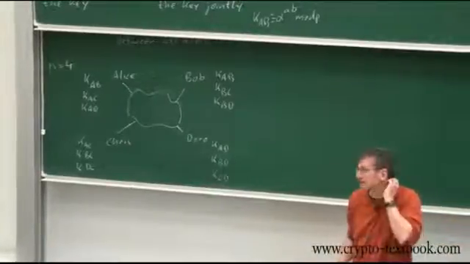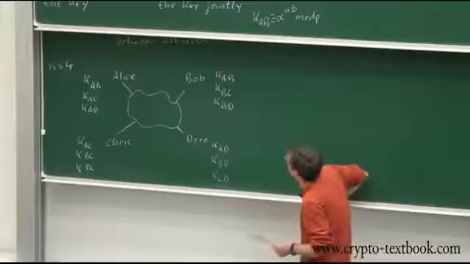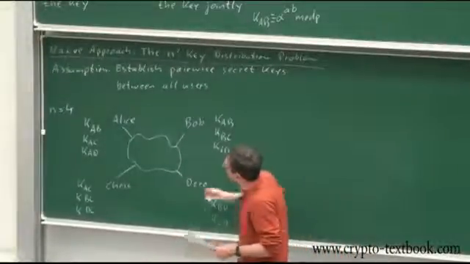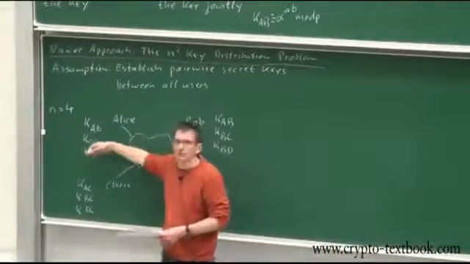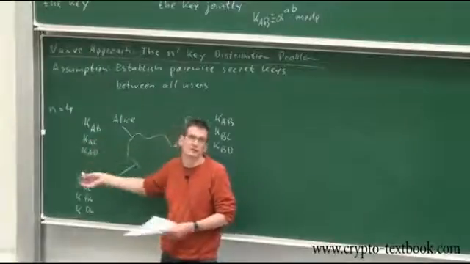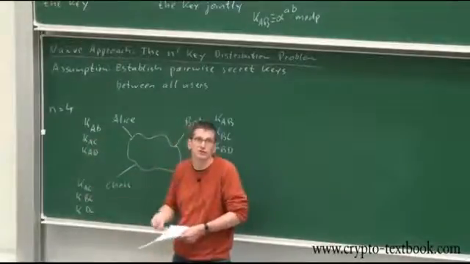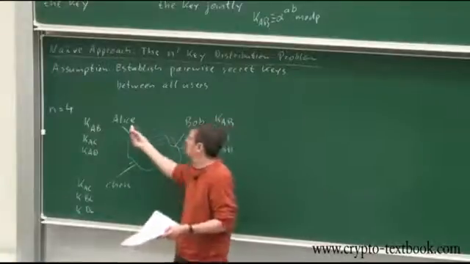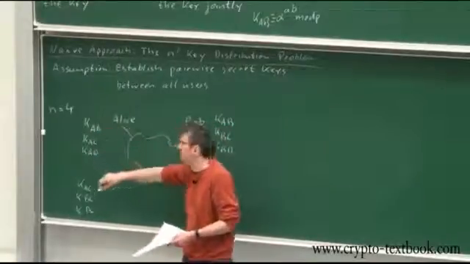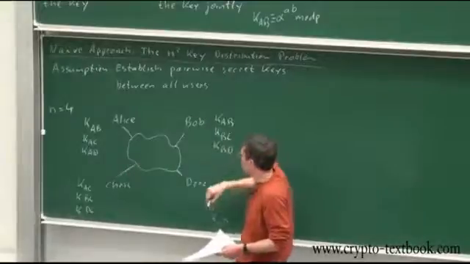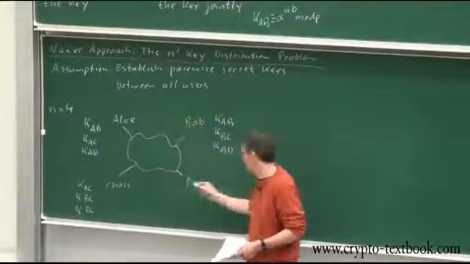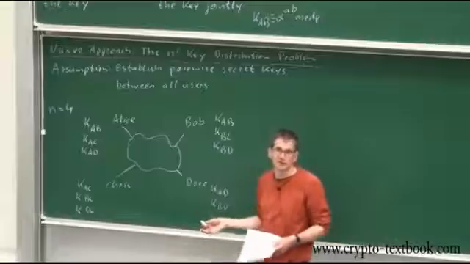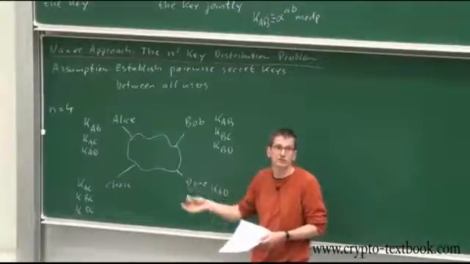What we haven't addressed here, but this is assumed, is that in order to establish the keys we need what's called a secure channel. A secure channel could be that the system administrator, the guy who's in charge of the computer network, visits Alice and uploads 3 keys, and then he visits Bob and uploads 3 keys, and Chris gets 3 keys, and Doro gets 3 keys. So we get something like a secure channel to establish the keys.